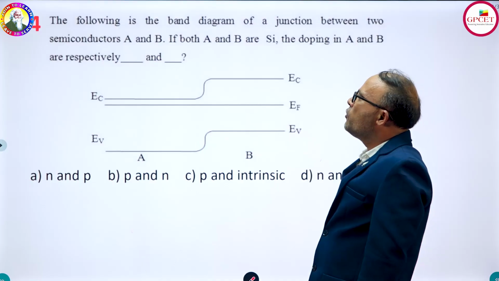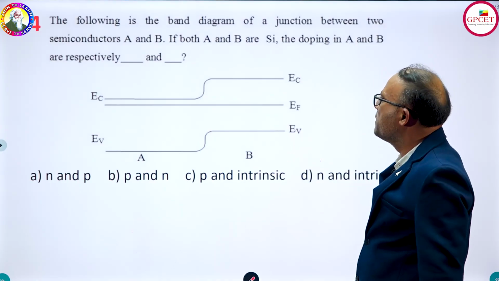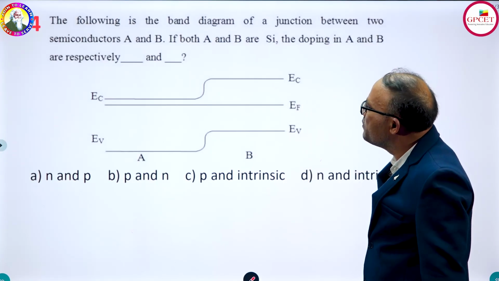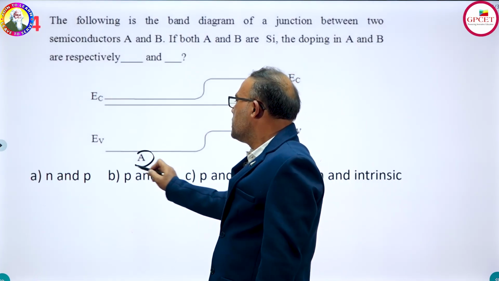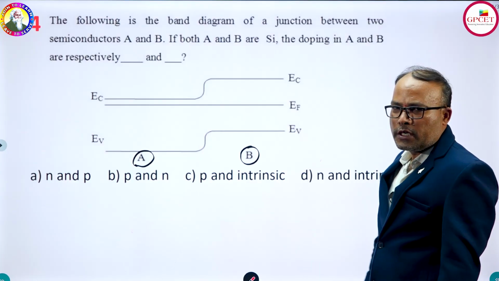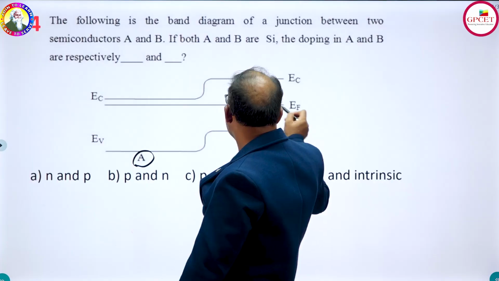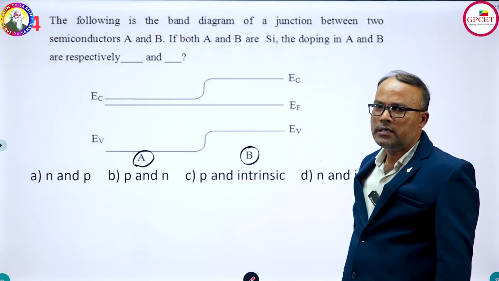First one: the following is the band diagram of a junction between two semiconductors A and B. If both A and B are silicon, the doping in A and B are respectively dash and dash. So A is given here and B is given here. That is one type of semiconductor, and this is another type. But here the conduction energy band is nearer to the Fermi level, while on this side the Fermi level is lying at the center of EC and EV.